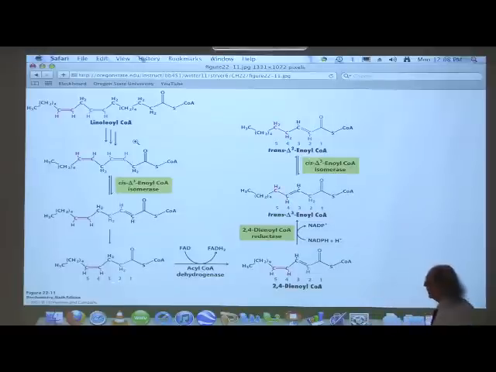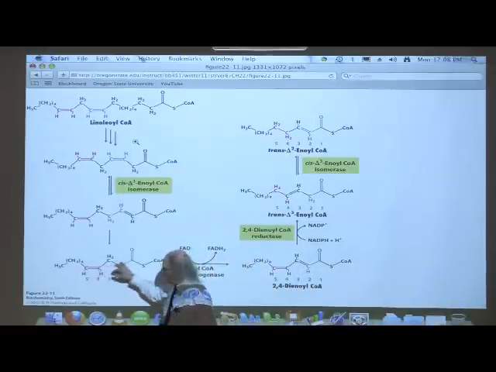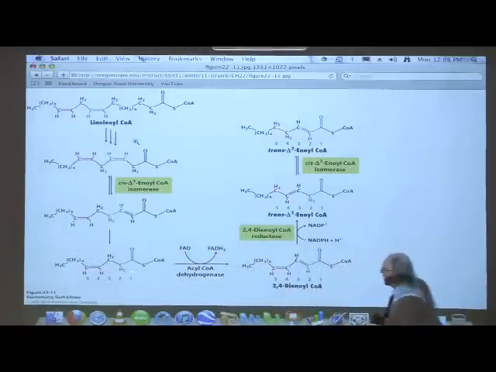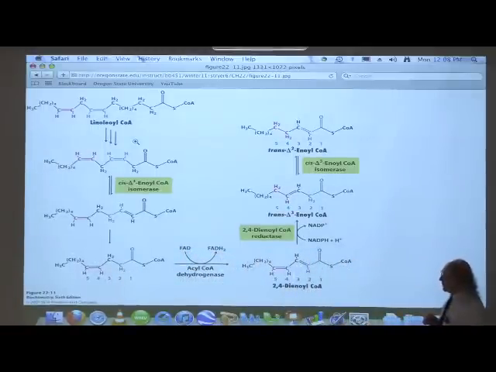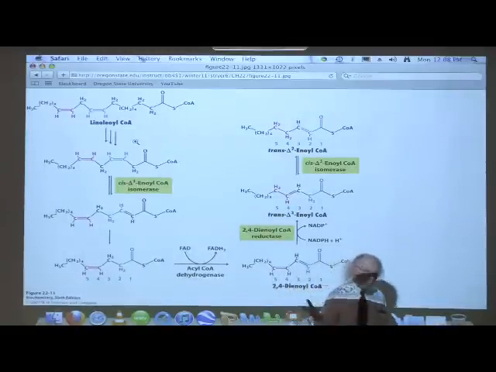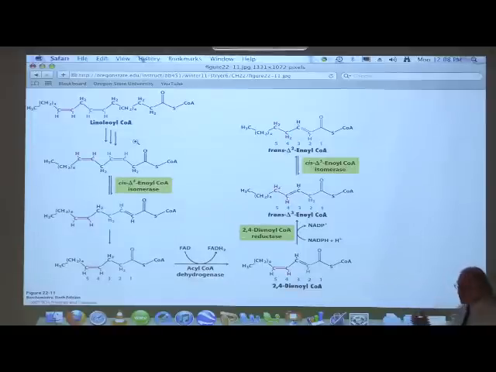However, in the next step, we've got a pair of double bonds that are together, and that causes some problems for the next enzyme in the pathway. That pair of double bonds has to be dealt with by a new enzyme. The new enzyme is 2,4-dienoyl-CoA reductase, and I'm open to names.